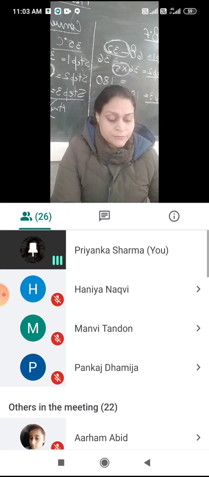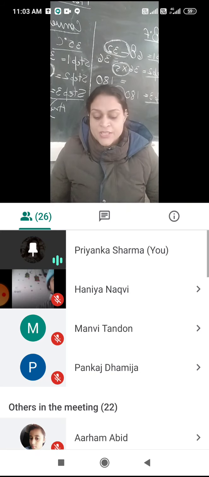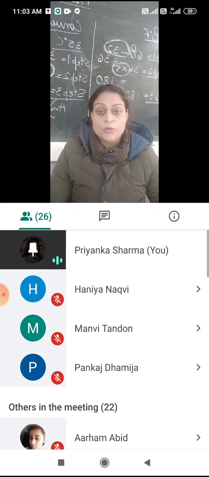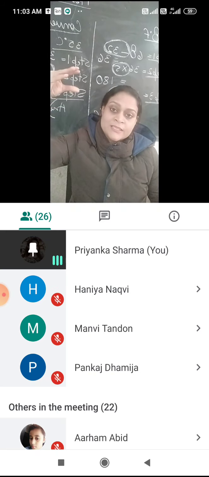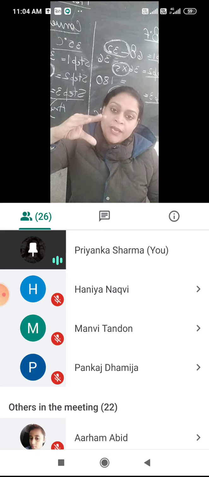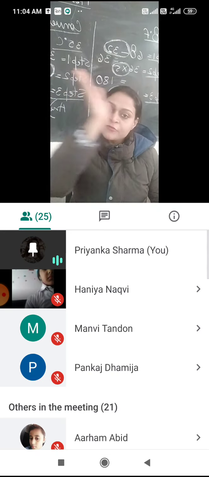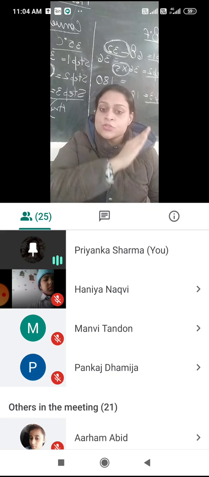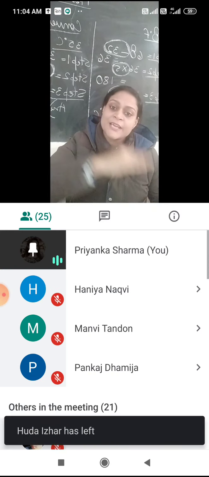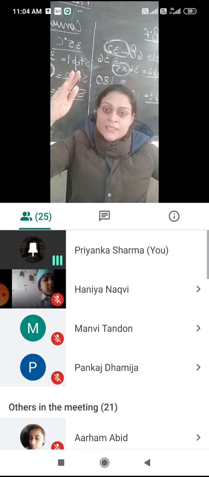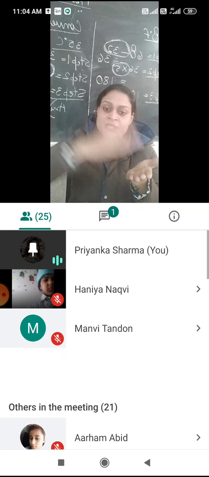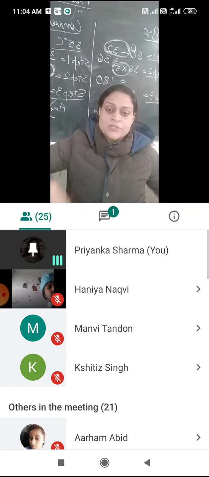How is a shadow formed? When light falls on an opaque object, it cannot pass through it. It takes the structure of the object and falls on the other side. So a shadow is always formed on the opposite side of the light, not in the same direction.